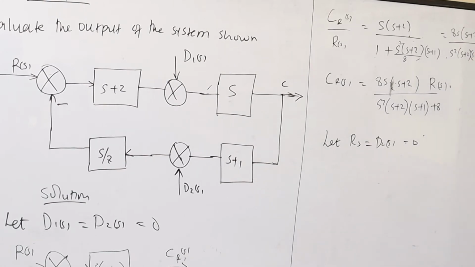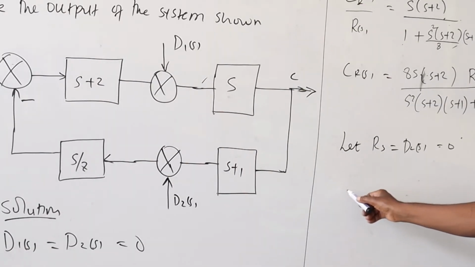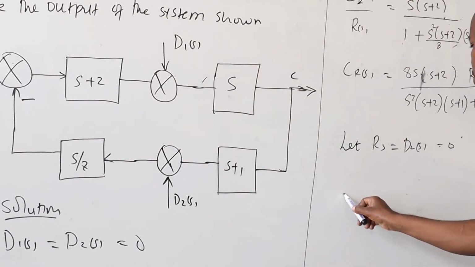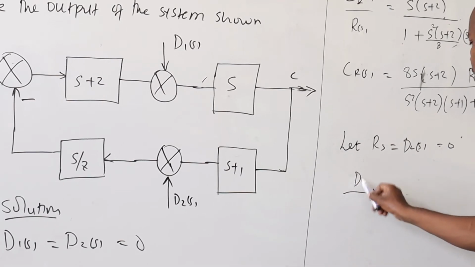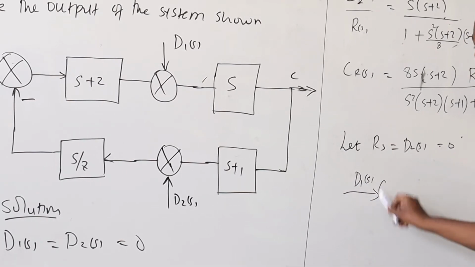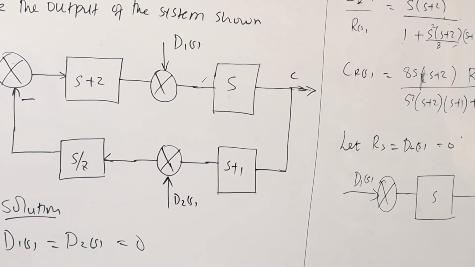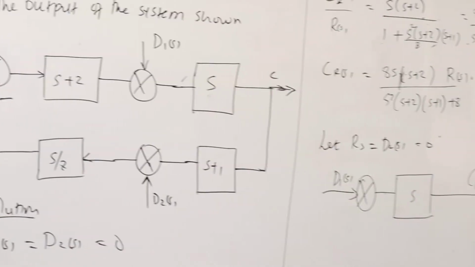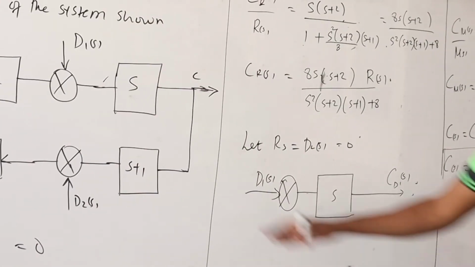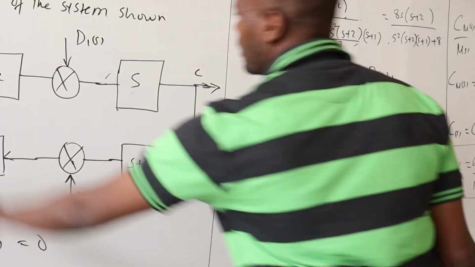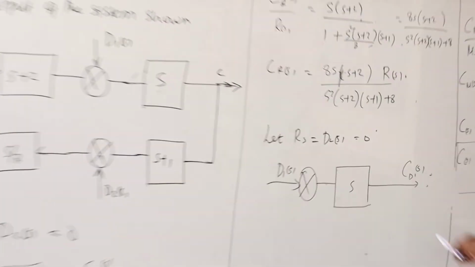If you do that, then the output will only be having D1 of S, with S there, then we have an output, and this output will be C D1 of S. Then everything will be at the feedback, taking care of the negative in that case.